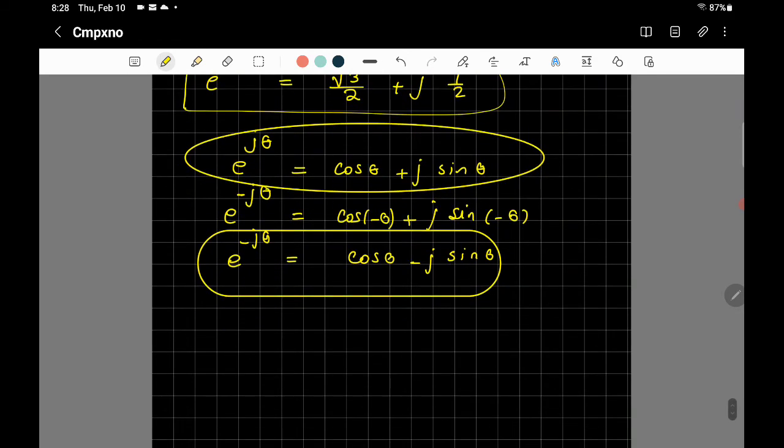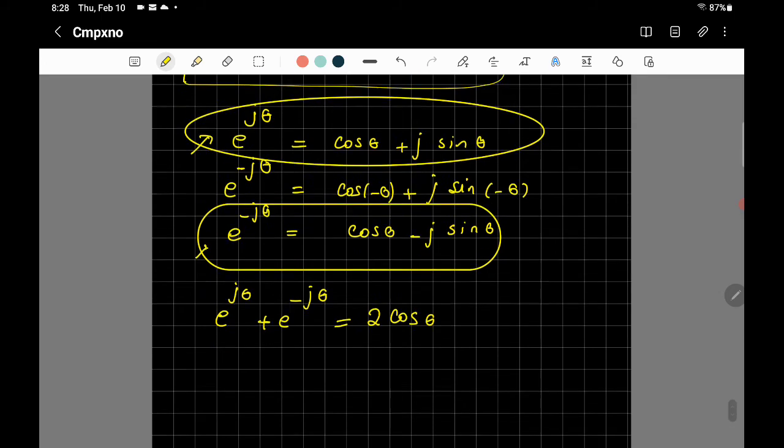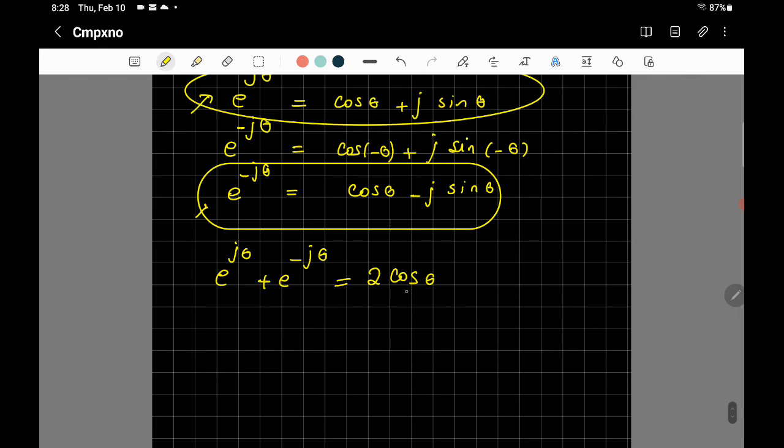Okay. What happens if we add both, e to the j theta plus e to the minus j theta? If you add, we add cosine theta with cosine theta. When you add j sine theta and minus j sine theta, you get 0. So when you add, you get 2 cosine theta.